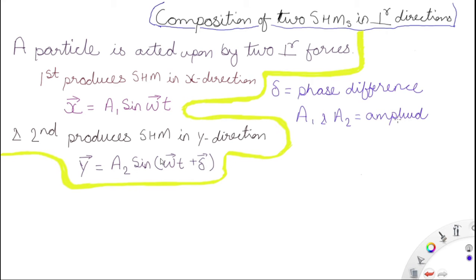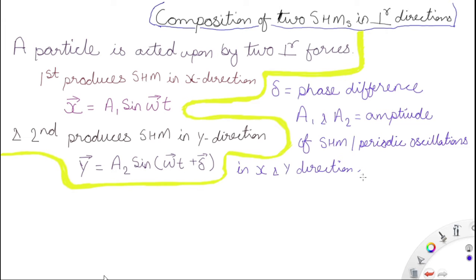A1 and A2 are the amplitudes of simple harmonic motion in the x and y direction respectively. A1 is in the x direction and A2 is in the y direction, and both are the maximum displacement or amplitude of the simple harmonic or periodic oscillation. So simple harmonic motion is nothing but periodic oscillations.